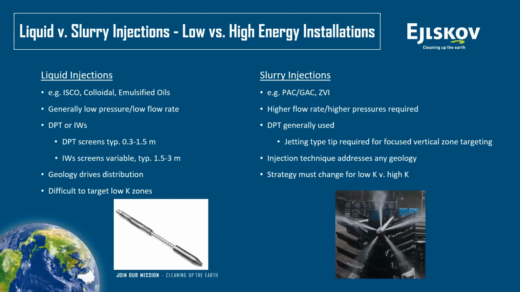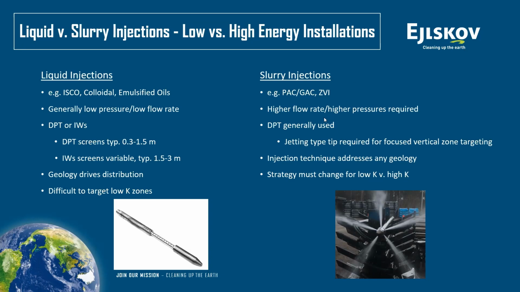You can see here we've listed differences. Generally, your liquids are going to be applied under low pressure, low flow conditions, and what I say is you're just trying to fill the bathtub, right? Trying to fill that pore space with whatever your liquid is.